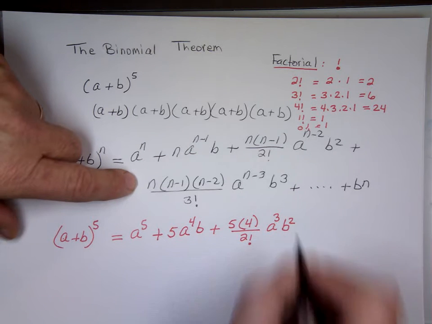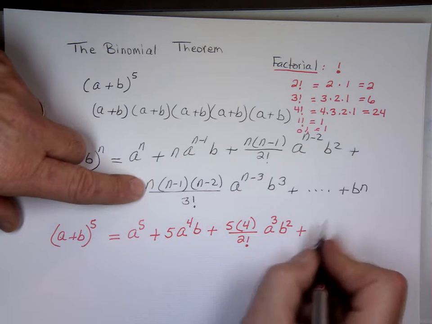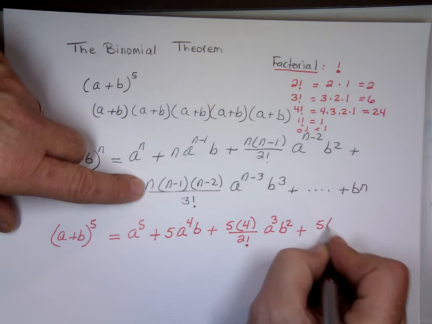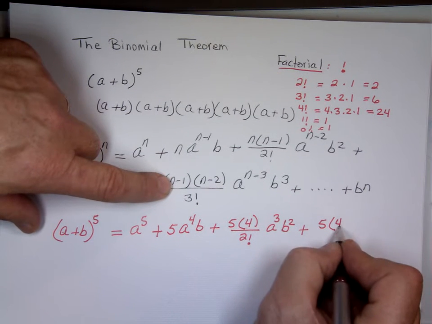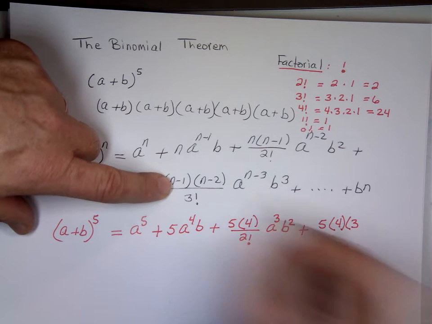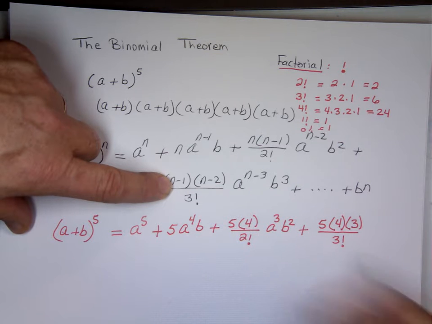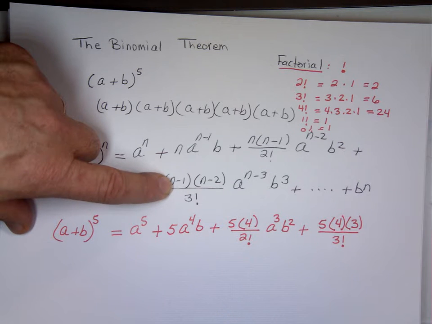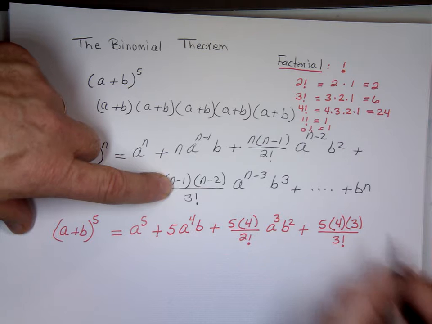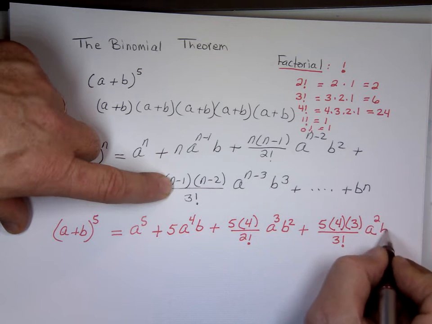The next one, it's 5 times 4 times 3, and minus 2 is 3, over 3 factorial, times a to the power 5 minus 3, which is 2, b cubed.